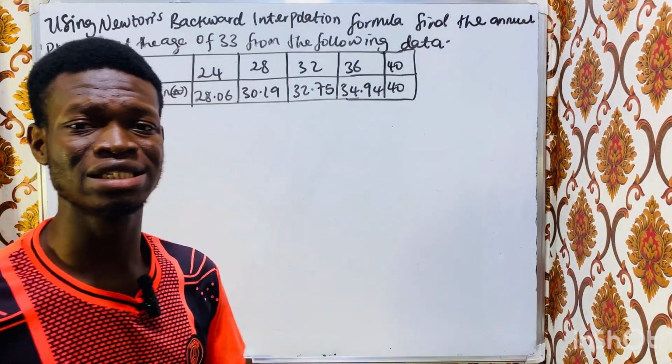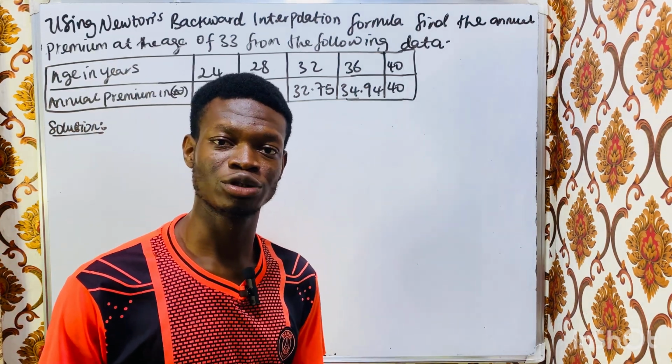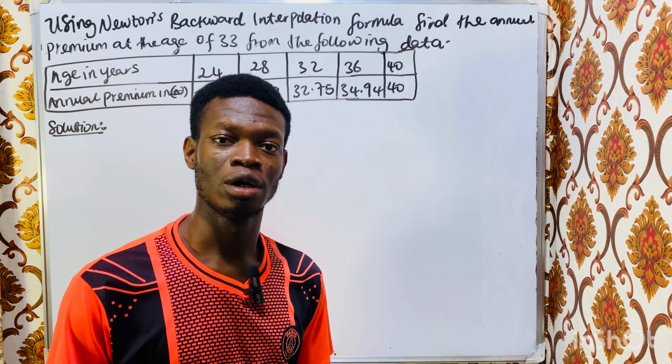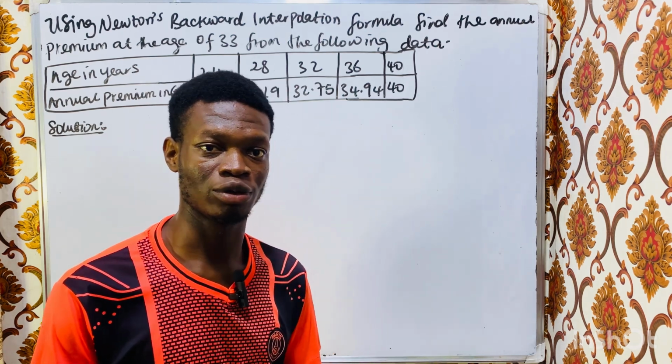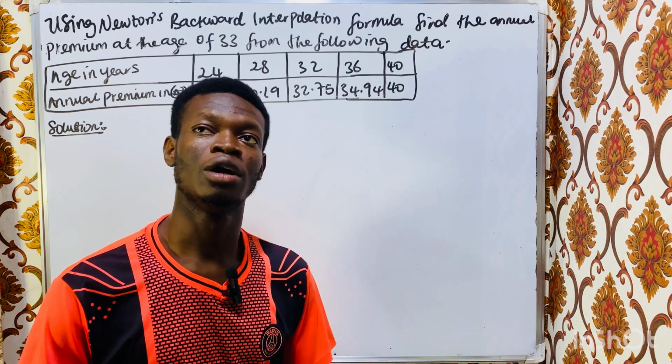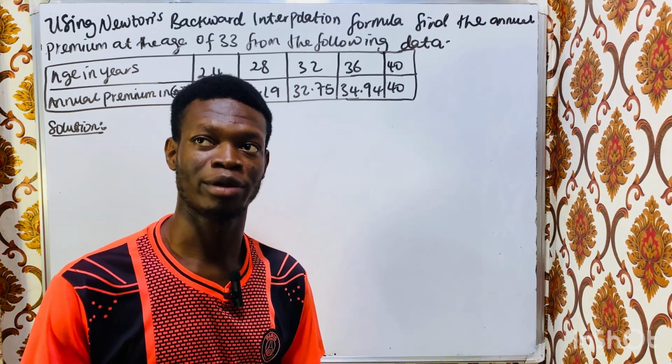In Newton interpolation, we have forward interpolation and backward interpolation. The methods we use to solve are the forward and backward interpolation methods, and also Lagrange's method and the binomial method.